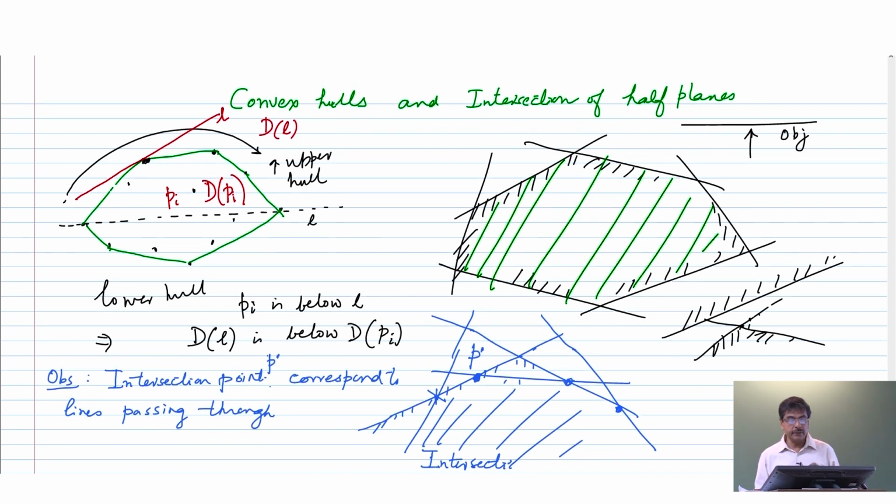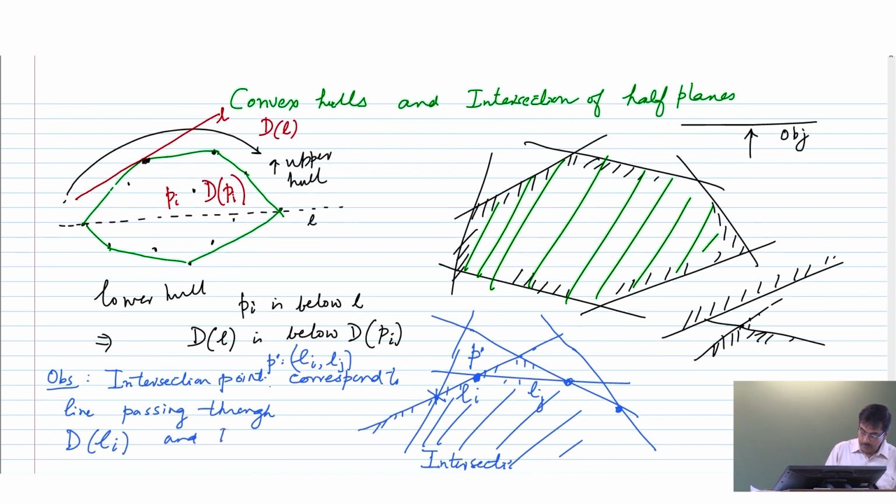Now P prime is the intersection point of two lines, so suppose it corresponds to two lines Li and Lj. This is Li and this is Lj. This intersection point then must correspond to a line passing through the duals of Li and Lj.